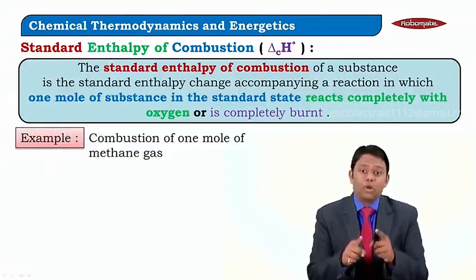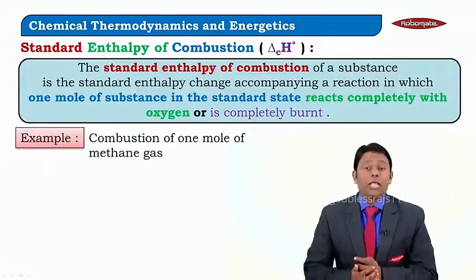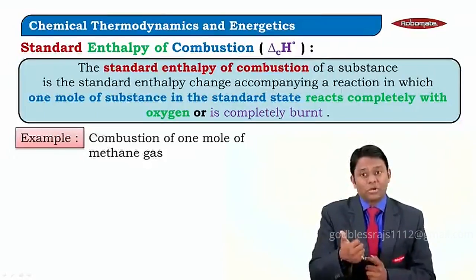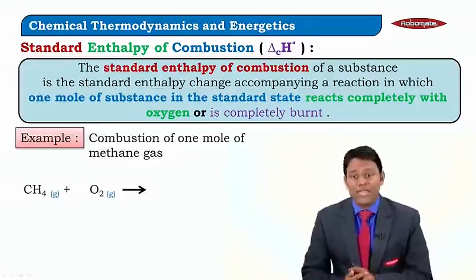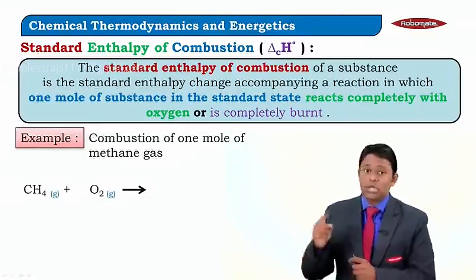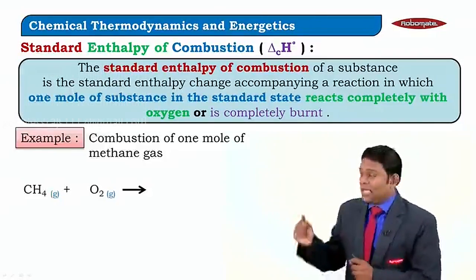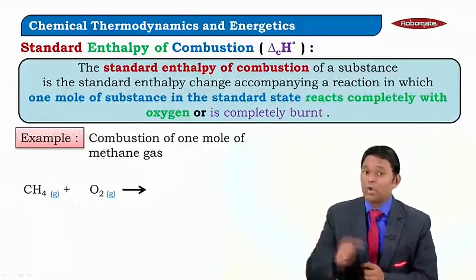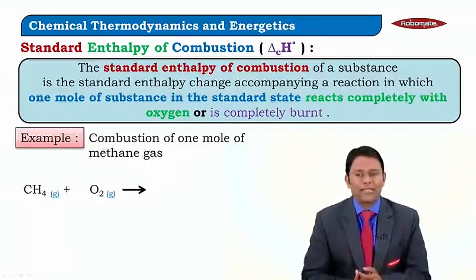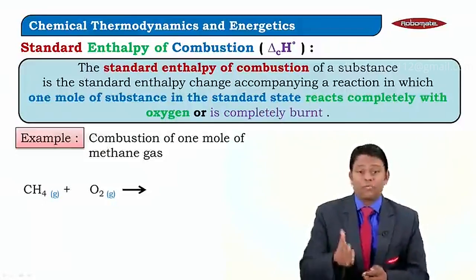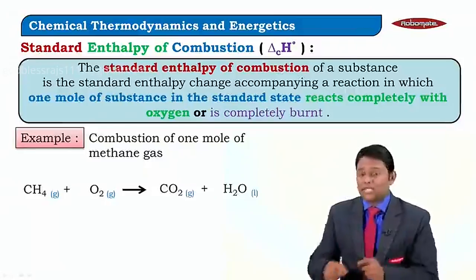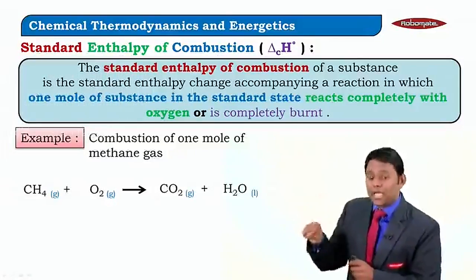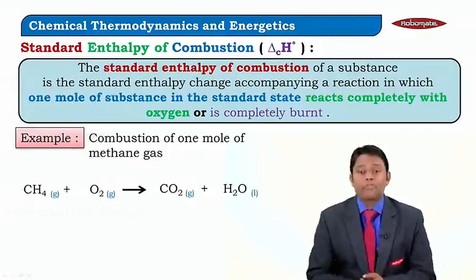If it is combustion of 1 mole of methane, combustion reaction means reaction with oxygen, and methane has the formula CH4. So we'll have the reaction CH4 plus oxygen will give you... Now can I say it is nothing but a combustion of hydrocarbon? And we have done in our lower standards that combustion of hydrocarbon will always give you carbon dioxide and water. Since in this reaction it is combustion of methane, we cannot change the balancing part of methane.